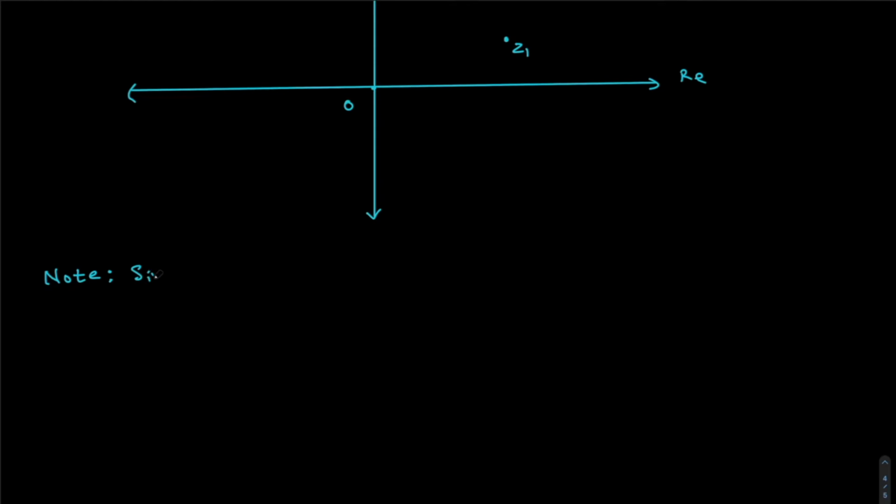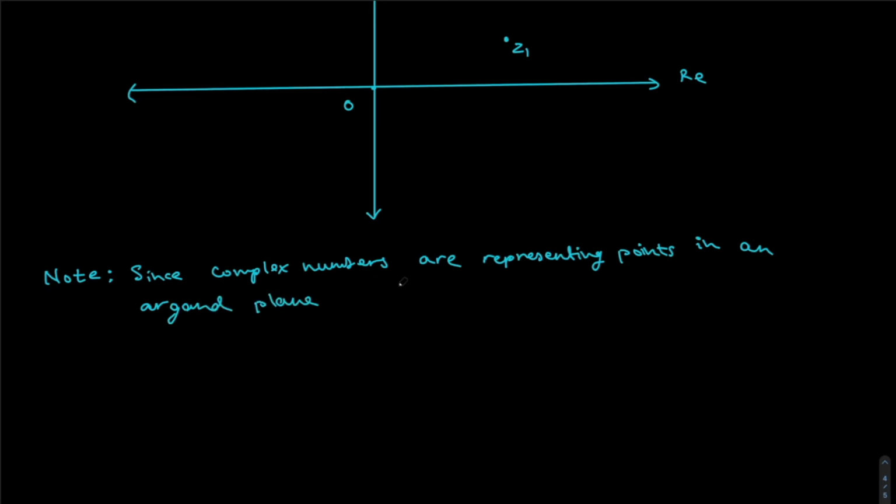So since complex numbers are representing points in an Argand plane, they cannot be compared to check which one is bigger, right?